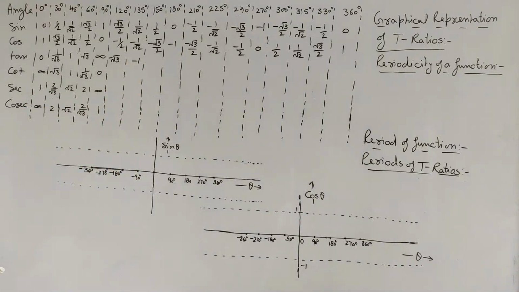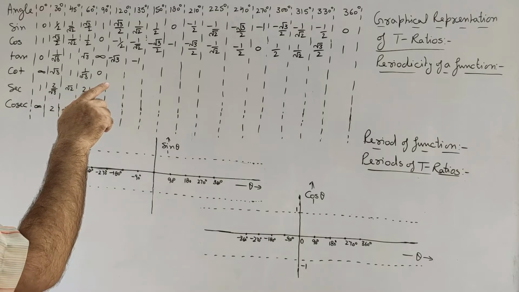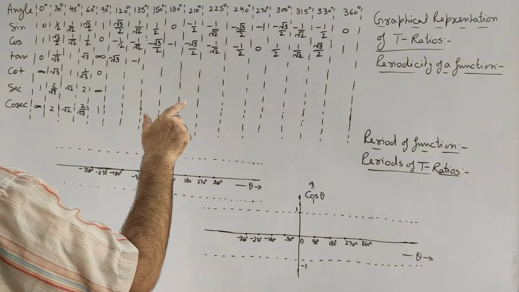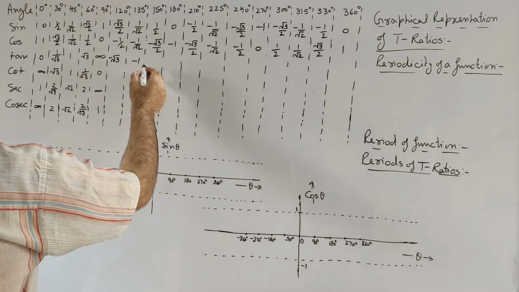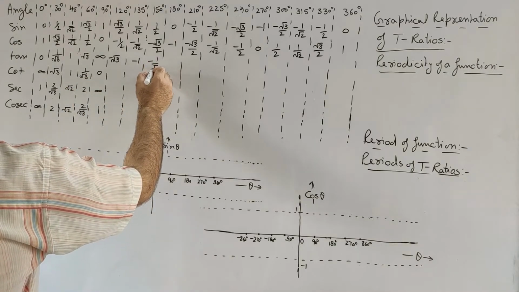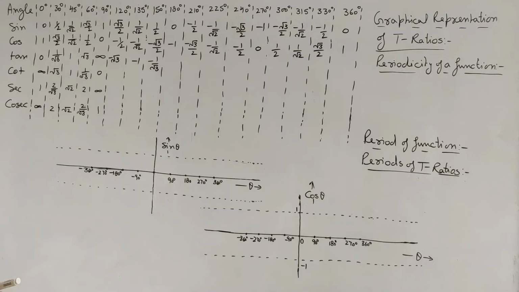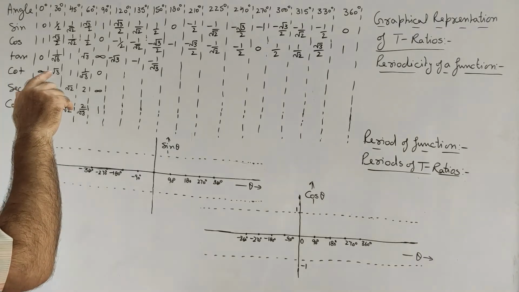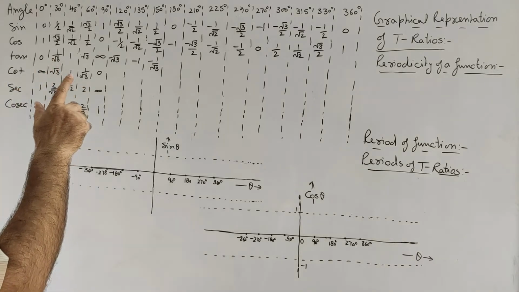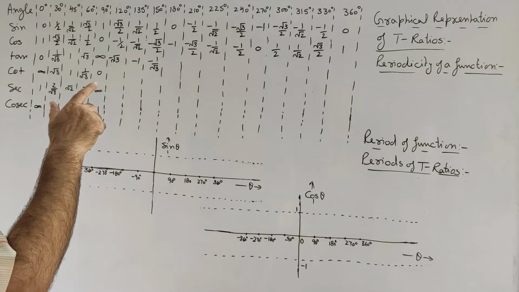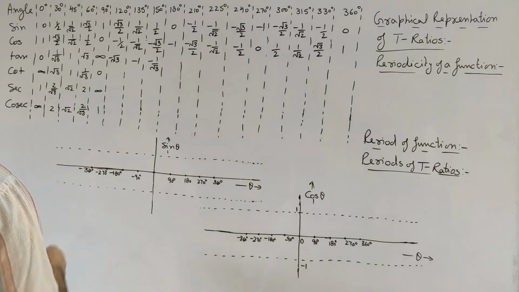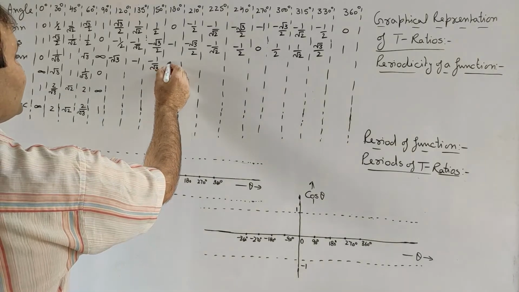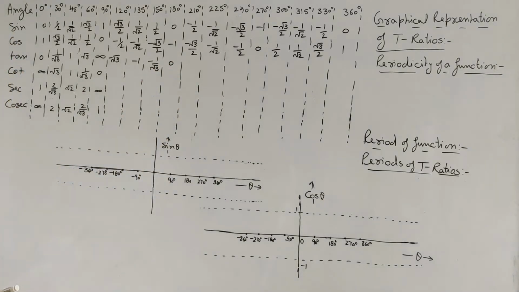Now 150, tan 90 plus 60 is minus cot 60, and cot 60 is 1 by root 3, so minus 1 by root 3. Then 180 degree, tan 90 plus 90 means minus cot 90, and cot 90 is 0, so it will be 0.